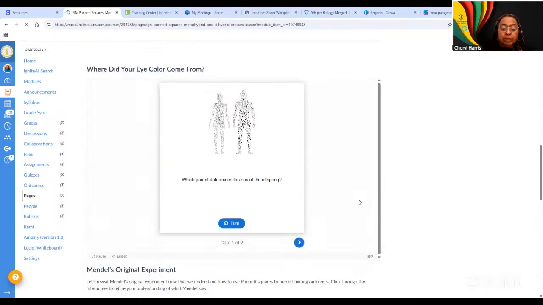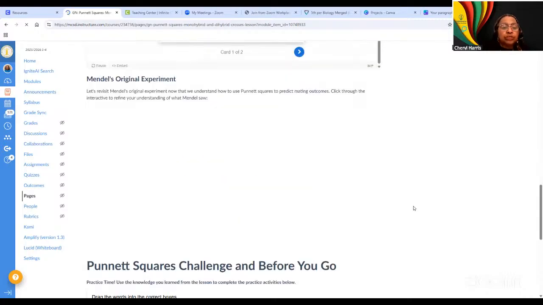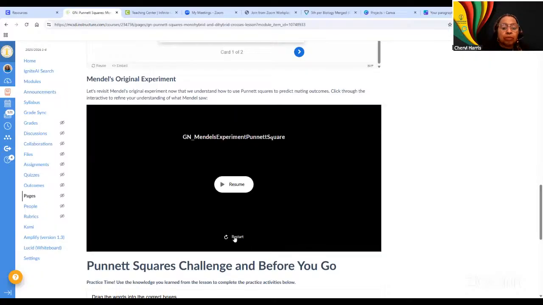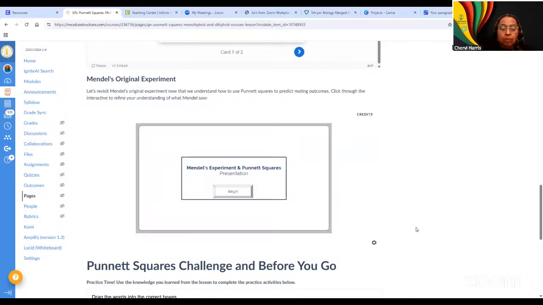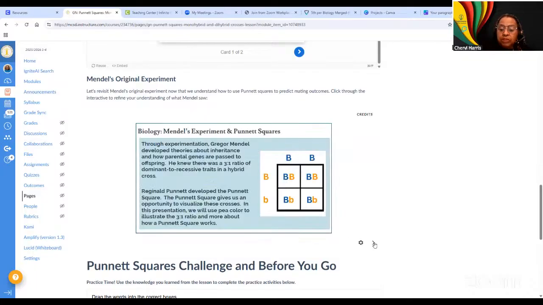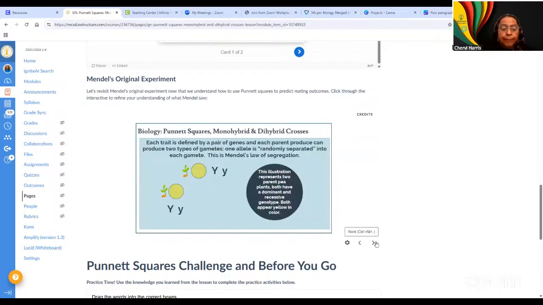All right, so if we are looking at a box like that, now there they're looking for color. But if we're looking at tall and short, we could use the same thing. This is heterozygous, where the two letters are not the same. Okay? The two letters are not the same.